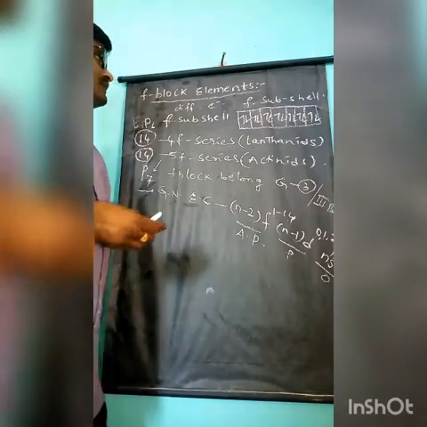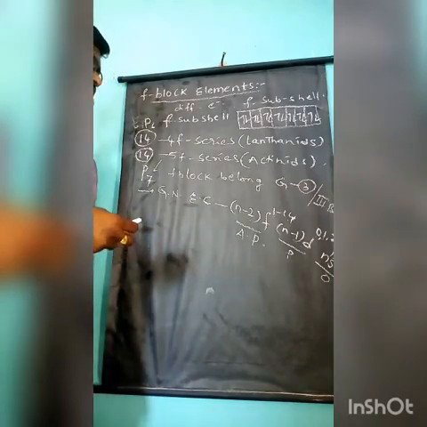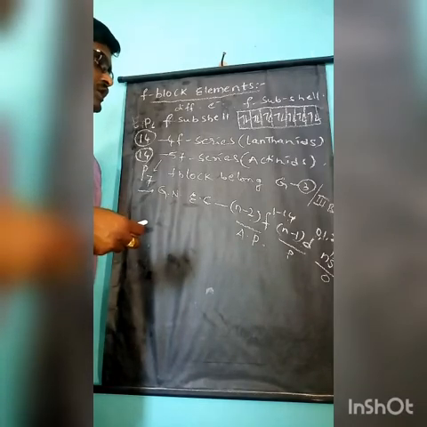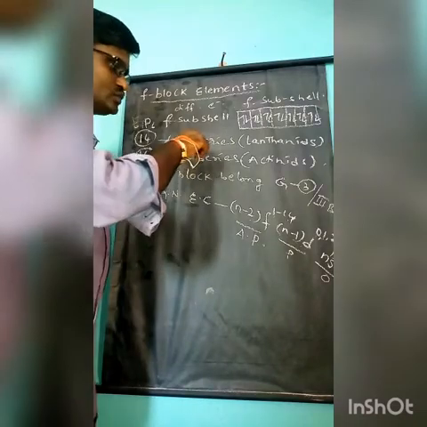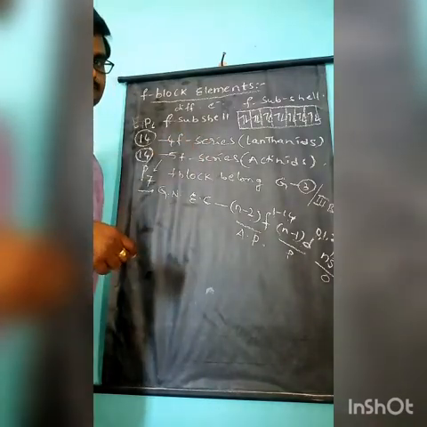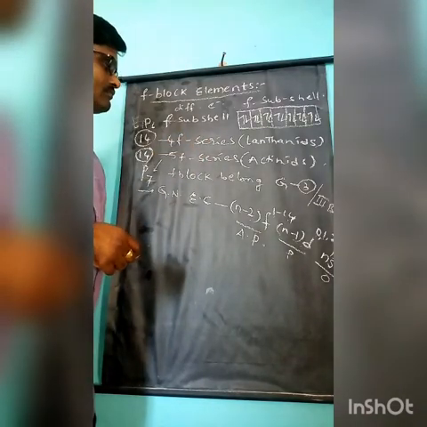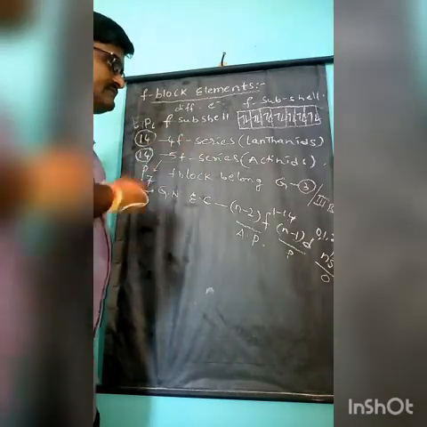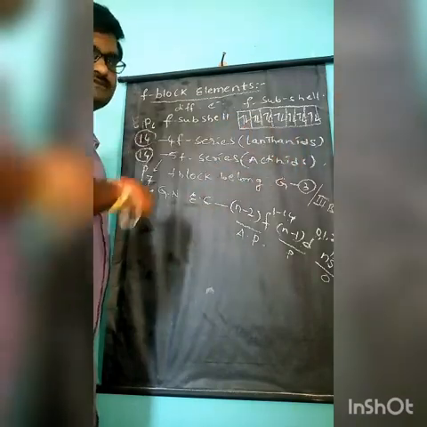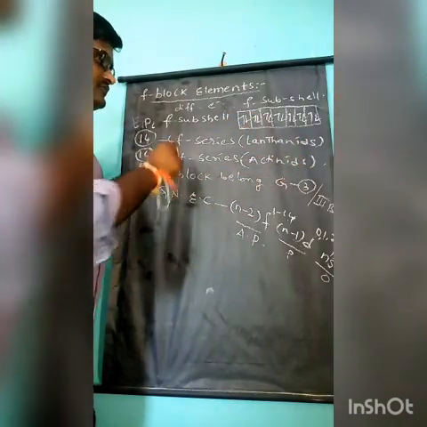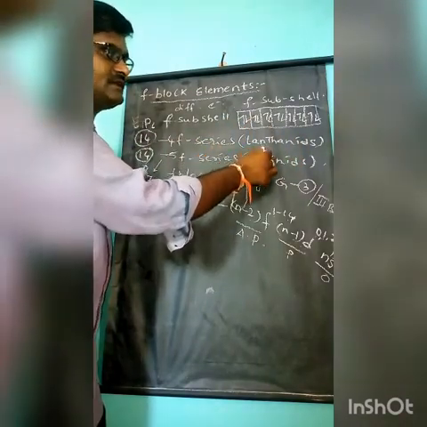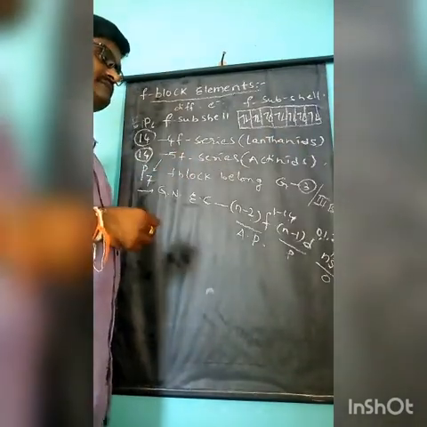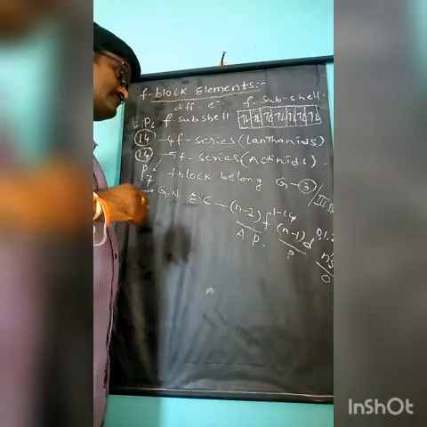Next point. The F block contains two series: the 4F series, lanthanides, and the 5F series, actinides.